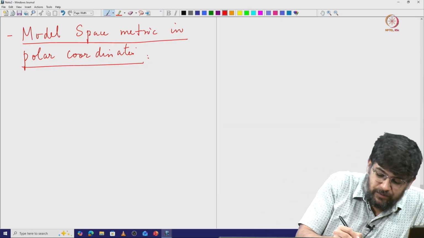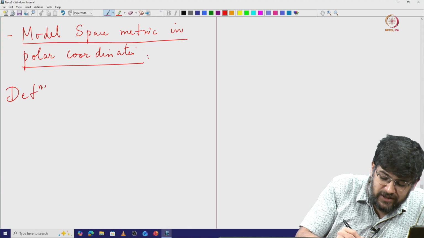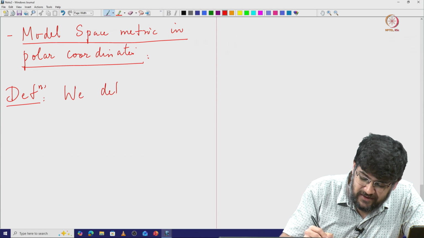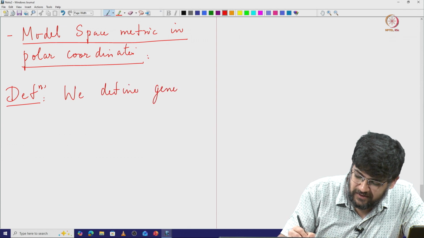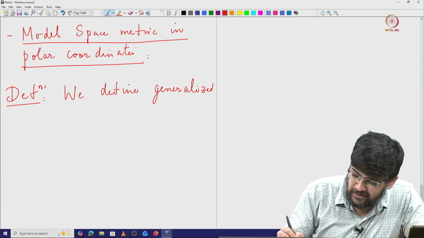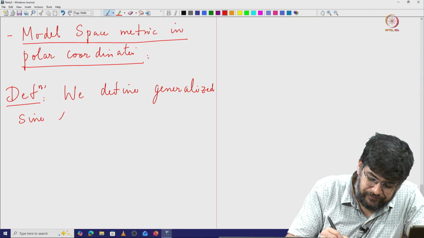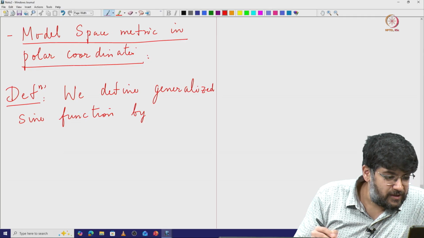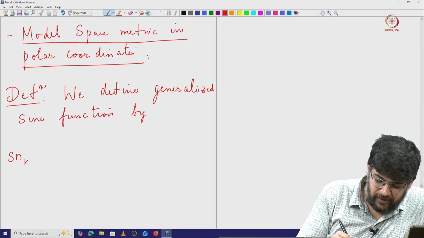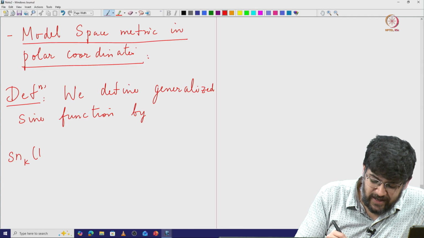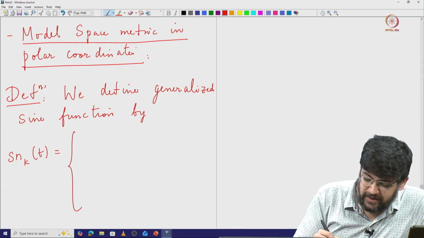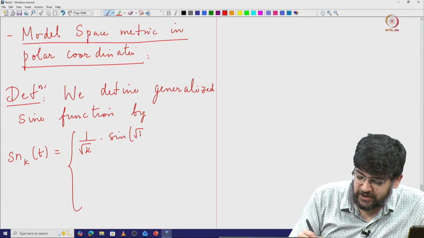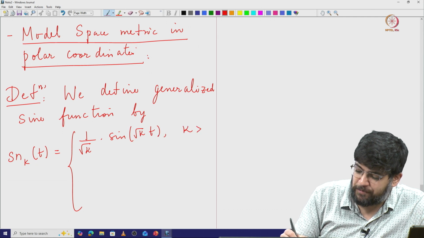Okay, so before I state the main result, let me make a definition that will be very useful throughout the rest of the course. So we define the generalized sine function by, so it depends on this kappa, sine kappa of t, that is equal to 1 by square root of kappa, the usual trigonometric sine function of square root of kappa times t, if kappa is positive.